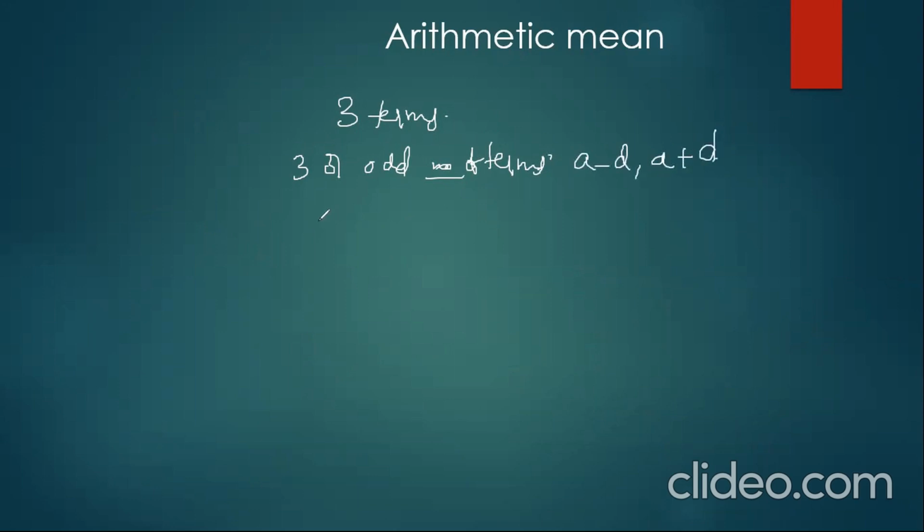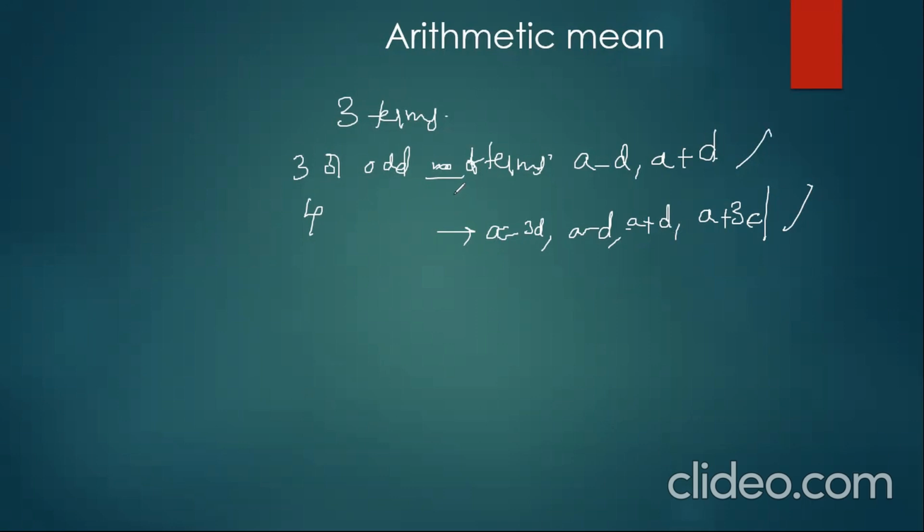Okay. And similarly, if you go for four terms, a minus 3d, a minus d, a plus d, a plus 3d. Okay. These are the four numbers. Like this, we are going to take three or four terms.